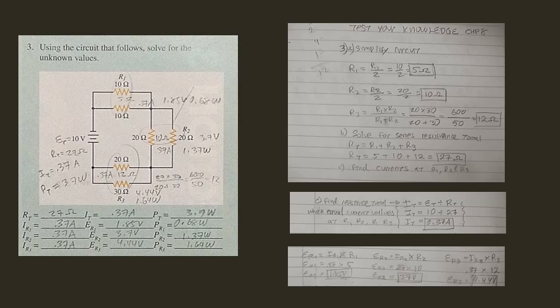First, we find the resistance at R1, meaning the combined simplified resistance at R1, not necessarily resistor 1, which we know is 10 ohms.